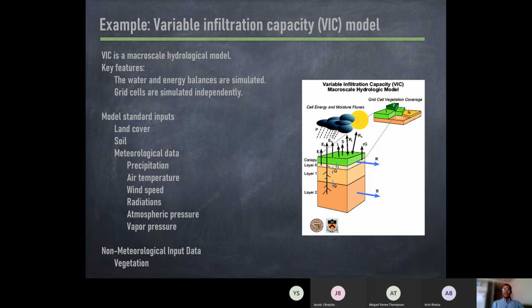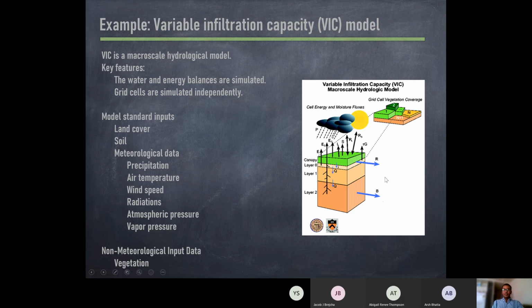Some of the standard inputs are land cover, soil. Then we need some weather data like precipitation, air temperature, wind speed, radiation, atmospheric pressure, vapor pressure, and such. Okay. Then, of course, non-meteorological data would be vegetation. Okay. We need all this because we need to know all the inputs and outputs from this system.